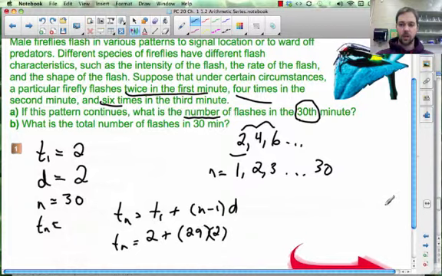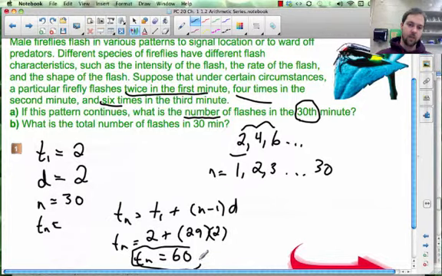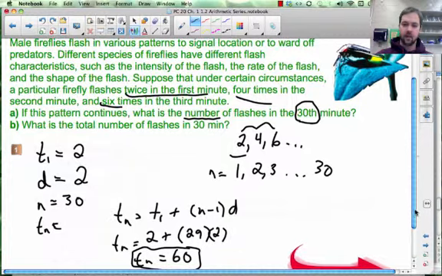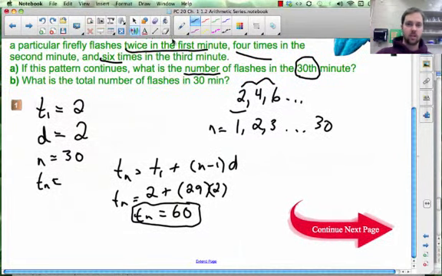Okay, 29 times 2 is 58. And we're going to add 2 to that to get 60. So in the 30th minute, the firefly will flash 60 times.